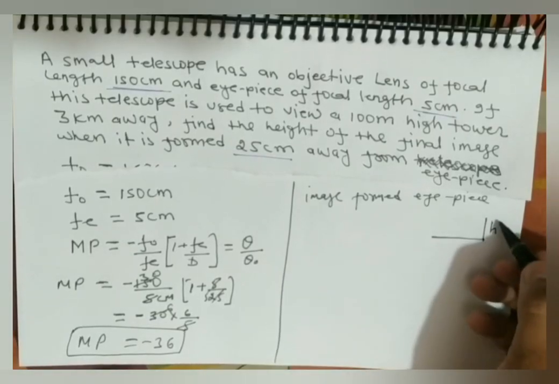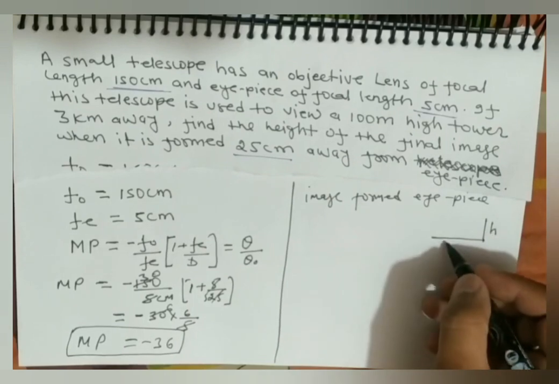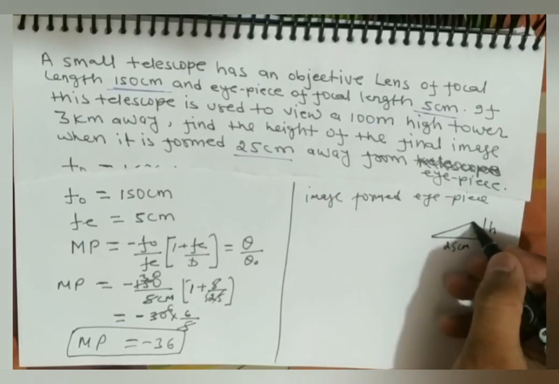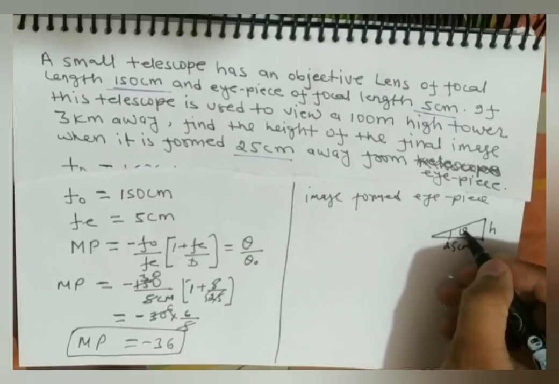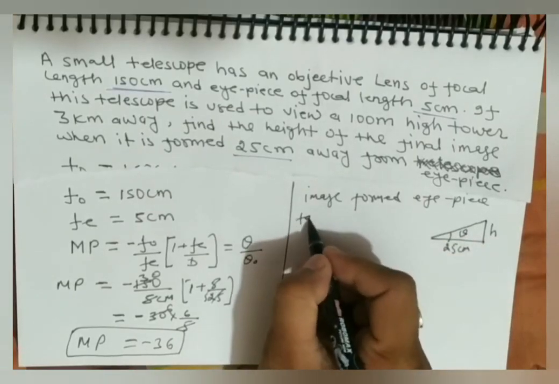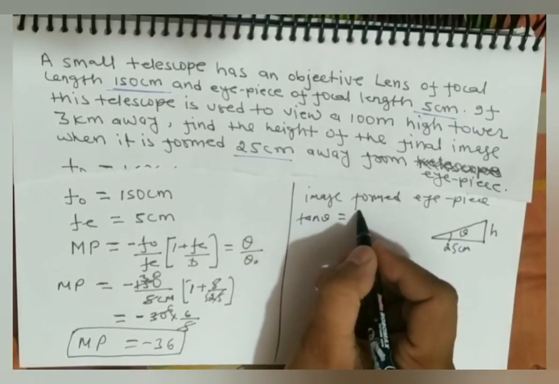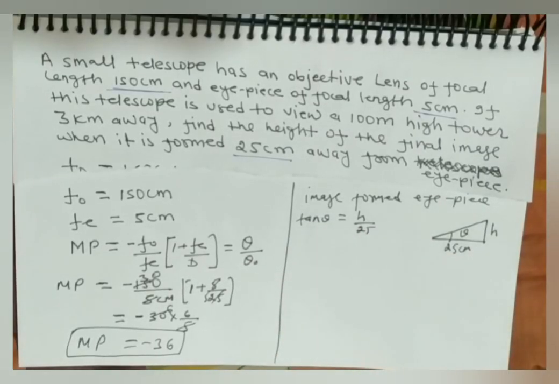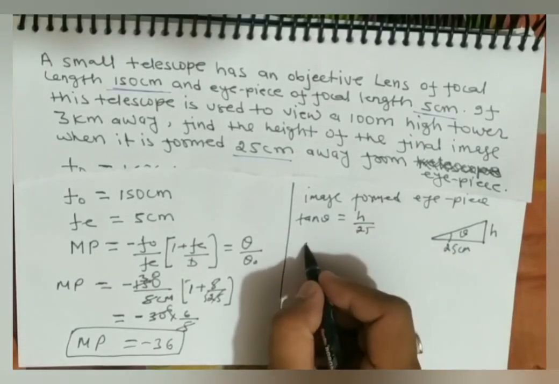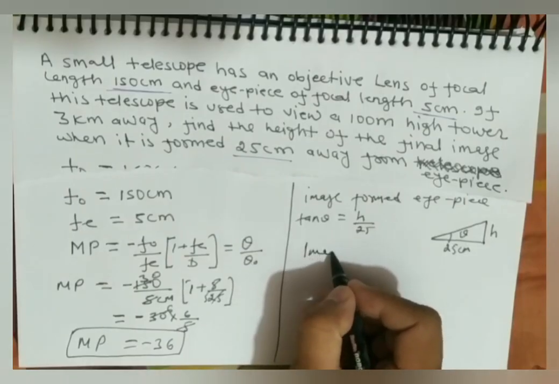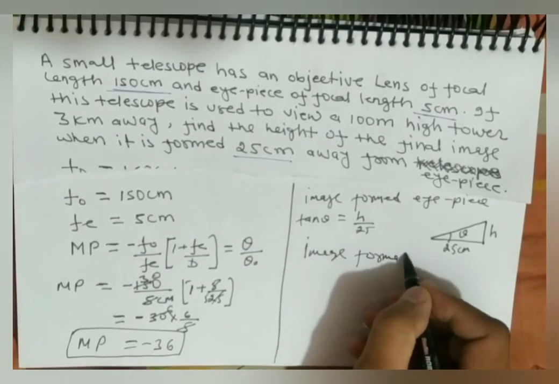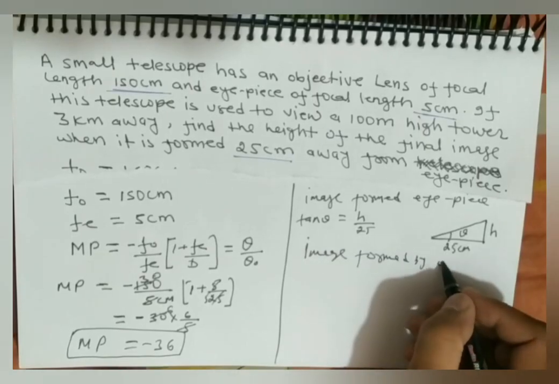This is the final height of image, and in the question it is 25 centimeter. That means this angle will be theta, that means tan theta equal to h upon 25. Okay, now image formed by objective.